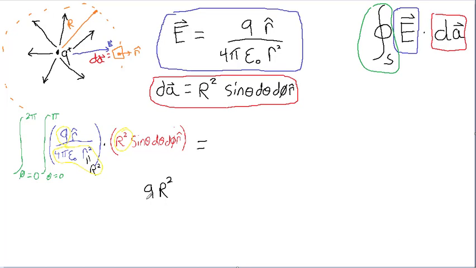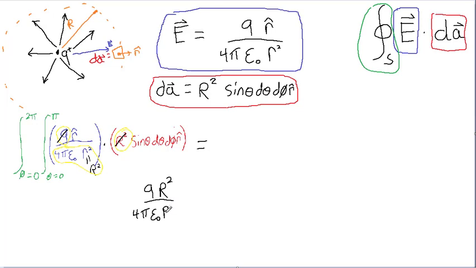We're going to leave the vector sign in since that pertains to the dot product of those functions. So I only have on the numerator Q and r squared that's come out. I could even scratch these out as I go just to keep track. On the denominator, I have 4 pi epsilon naught. And I also have r squared.